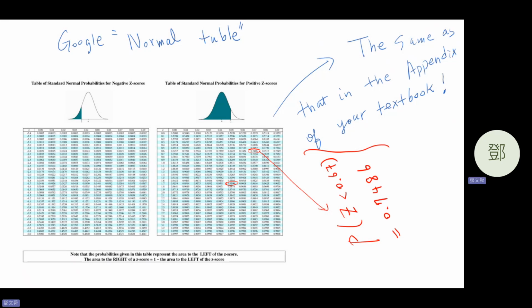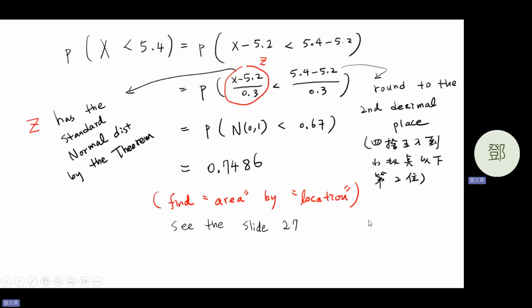So the area left of 0.67, what is the percentage? The percentage is 74.86%.